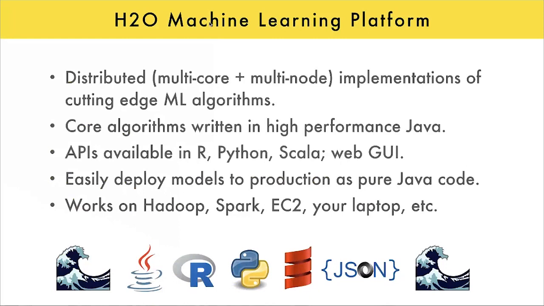If you go on AWS and rent 20 instances and form a little cluster, you could run H2O across all of that. These are our own implementations of these popular algorithms, written in Java. And again, we have APIs and all the standard data science interfaces.